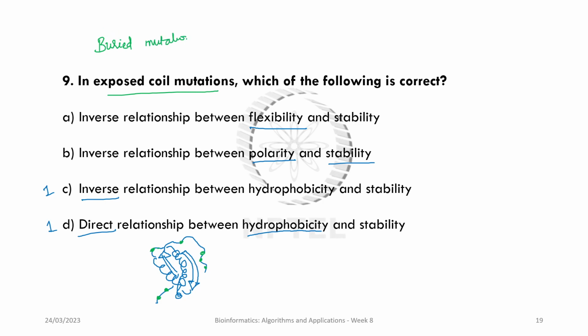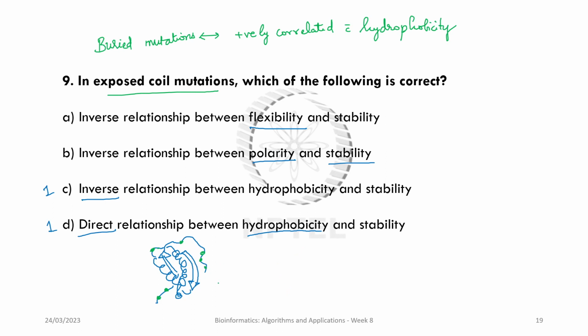mutations had a direct correlation with hydrophobicity. So, this is one of your questions for this assignment, right? So, it was positively correlated with hydrophobicity. Why? Because buried residues in the core, they don't like polar solvents or external environment.